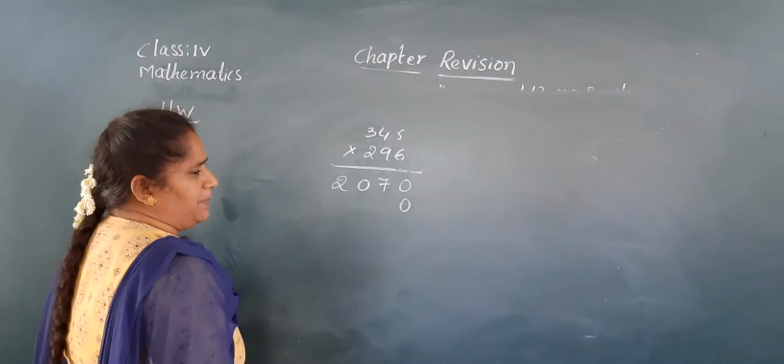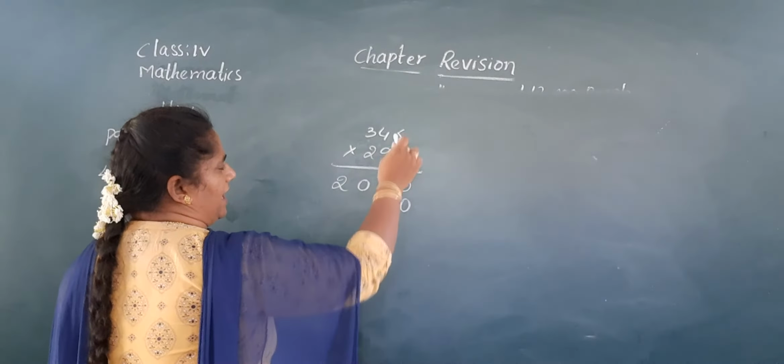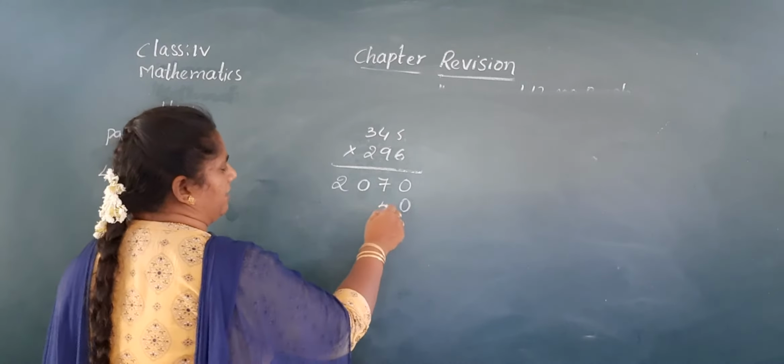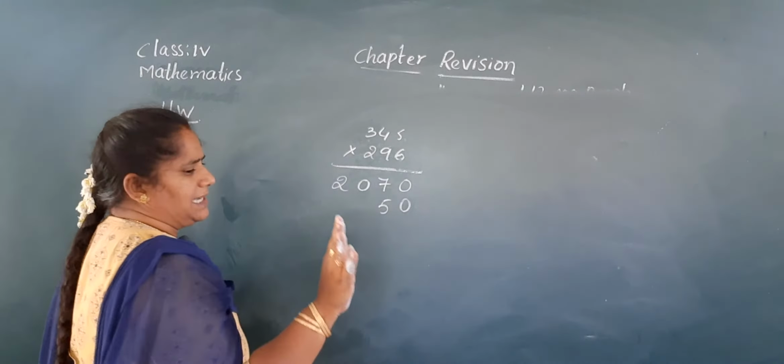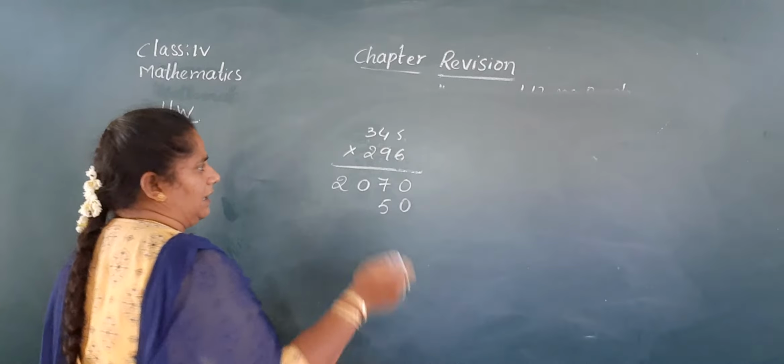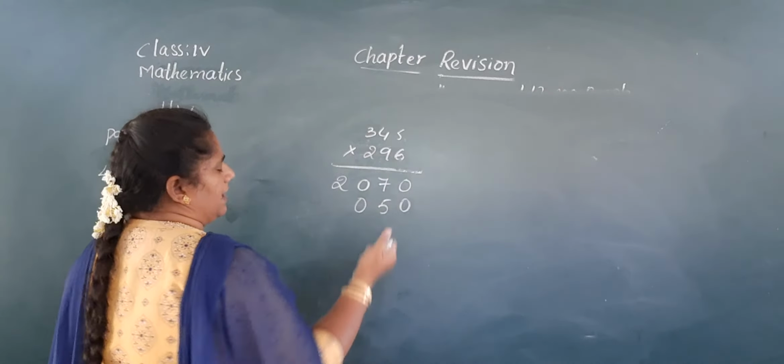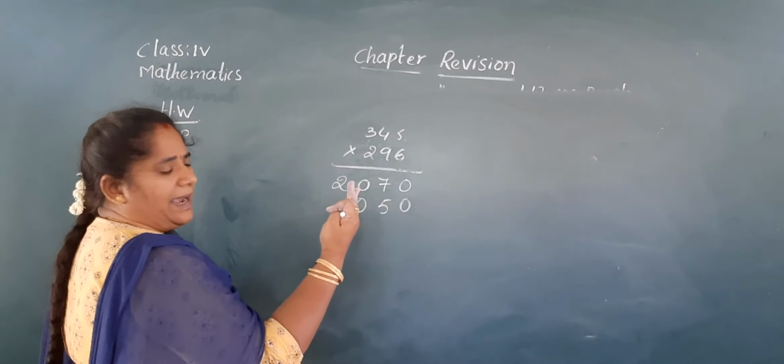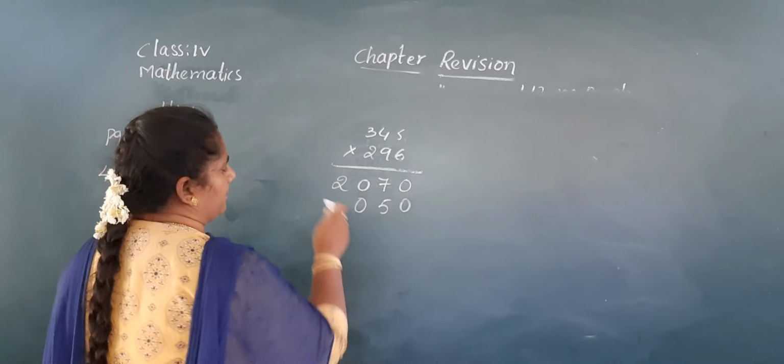Keep 0 in the ones place and multiply by 9. 9 5s are 45. 4 in hand, 5 is down. 9 4s are 36, 37, 38, 39, 40. 4 in hand, 0 is down. 9 3s are 27, 28, 29, 30, 31.